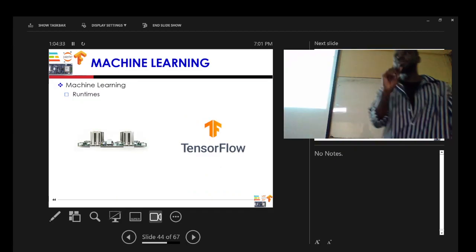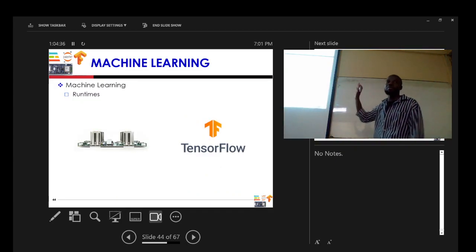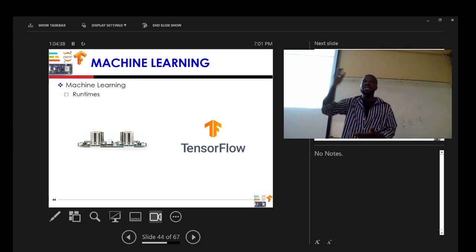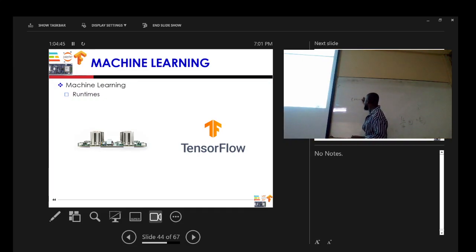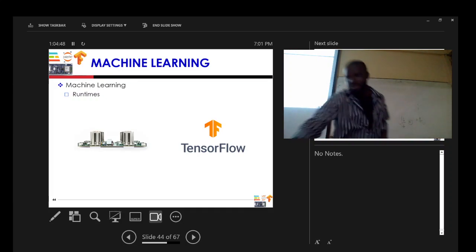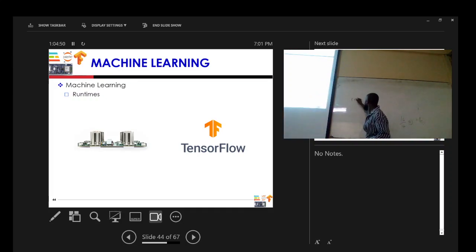So if we take the TensorFlow framework, if you look at the machine learning pipeline, I think I mentioned before that you have to first of all design your model. You design your model with interconnections, and then you train your model.